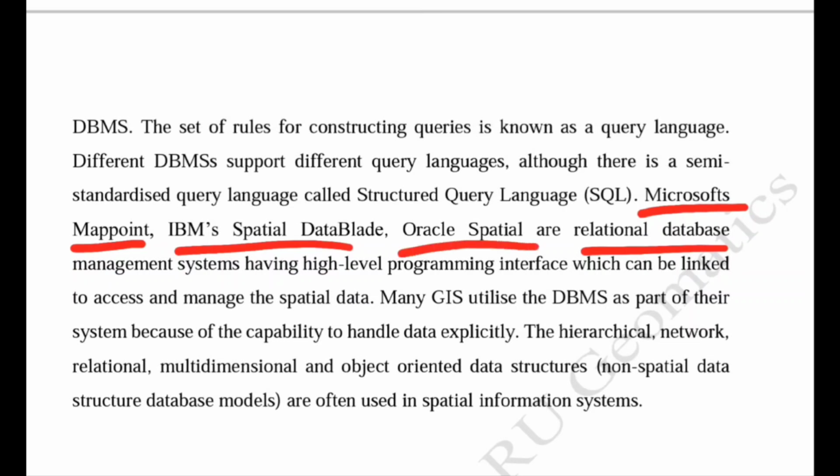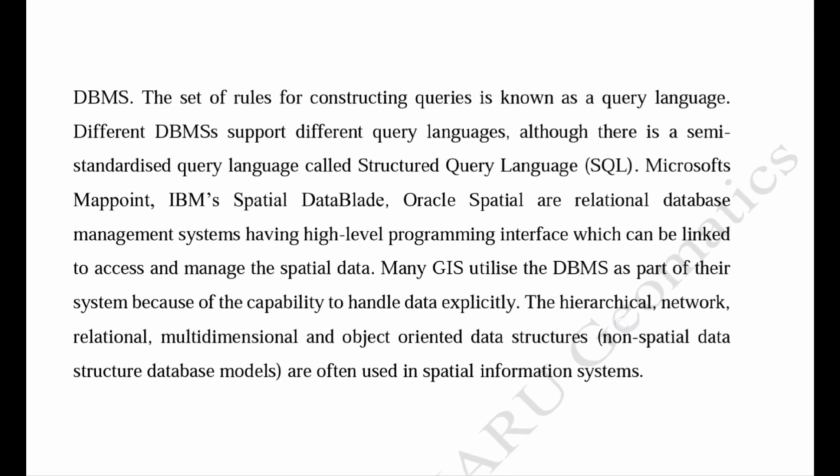These are famous database management systems, and they are examples of relational database management systems, which have a high level programming interface that can be linked to access and manage the spatial data.